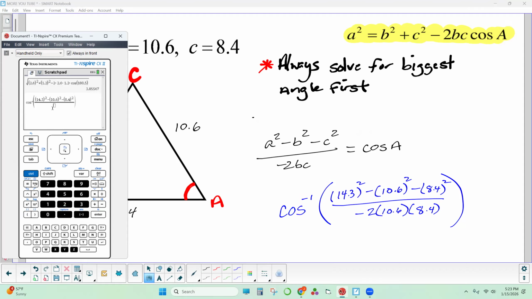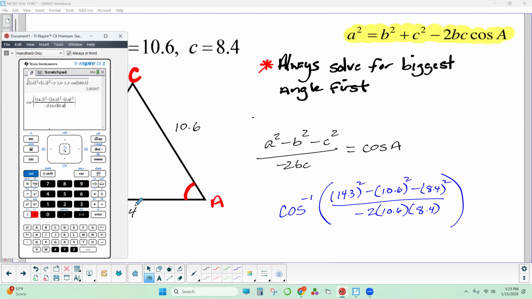Go down to the denominator here. We've got negative 2 times b, which is 10.6. And lastly, times c, which is 8.4.